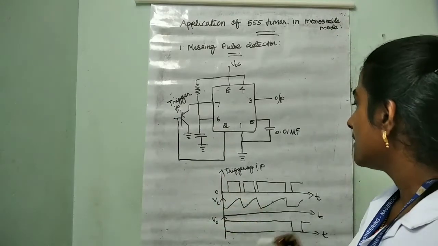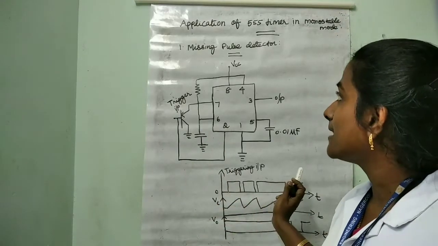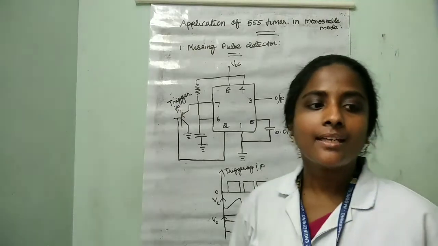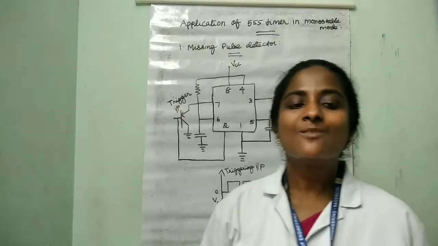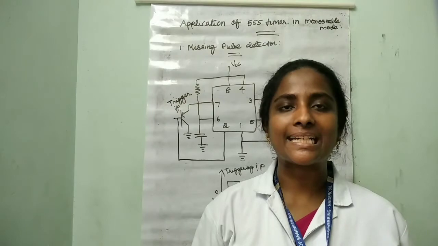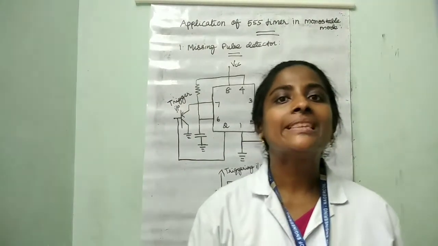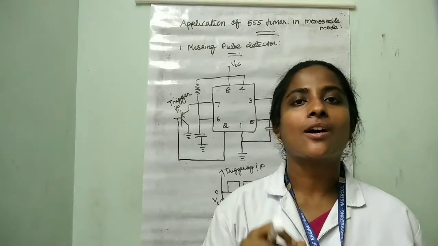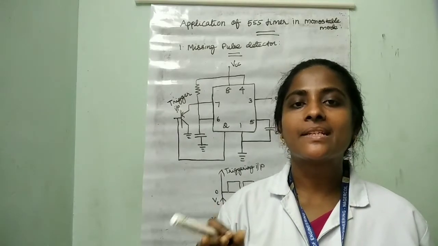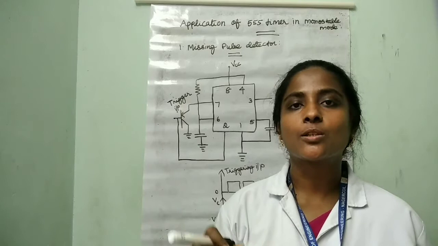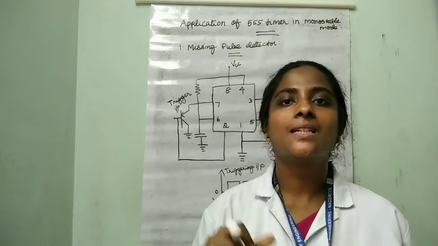This is the waveform for the missing pulse detector. Here, whenever the input trigger is low, the emitter diode of the transistor Q1 gets forward biased.